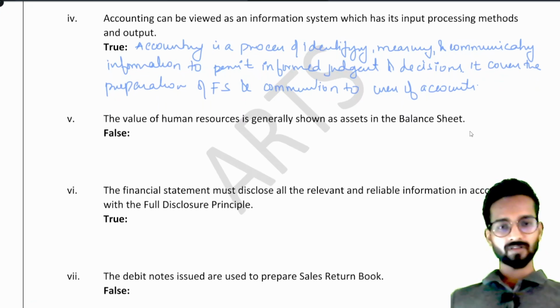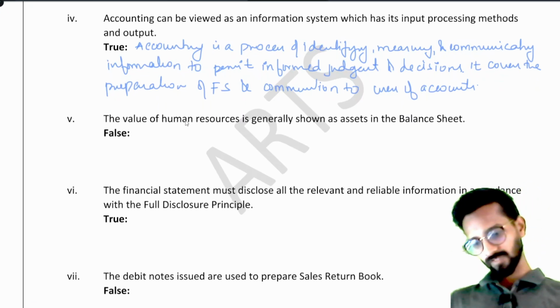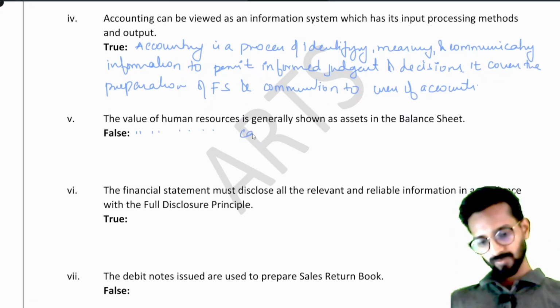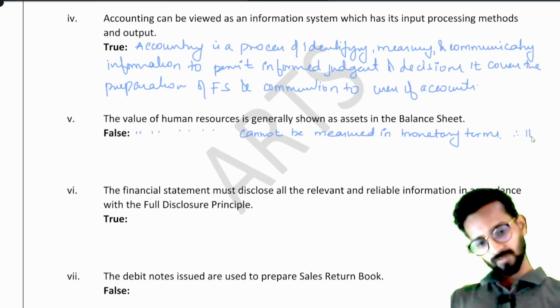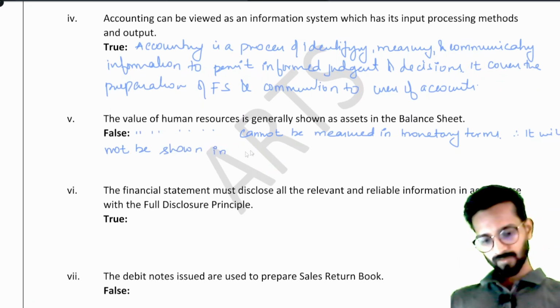The employees who are working in the office, we are not valuing human resource in accountancy. The statement is false because the value of human resource cannot be measured in monetary terms, therefore it will not be shown in the balance sheet.